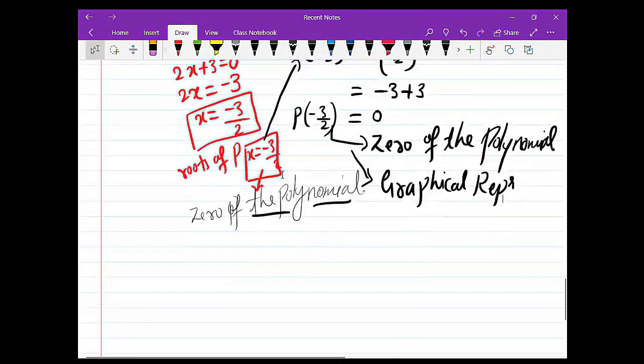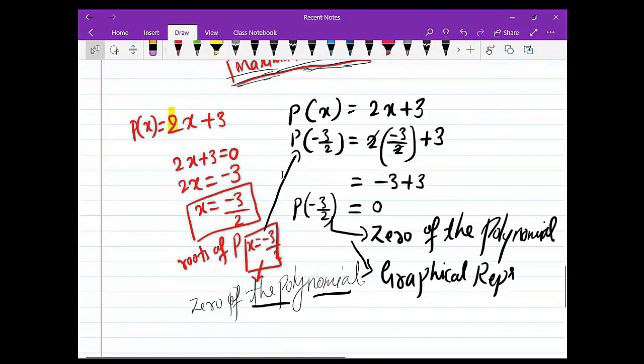Okay, so here, how do we denote a polynomial as p of x? If the polynomial is p of x equal to 2x plus 3, then the zero of the polynomial is the x value we get. After equating this polynomial to 0, that is 2x plus 3 equal to 0, then 2x equals what?